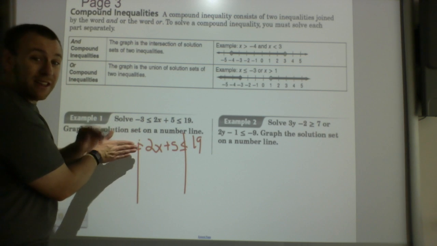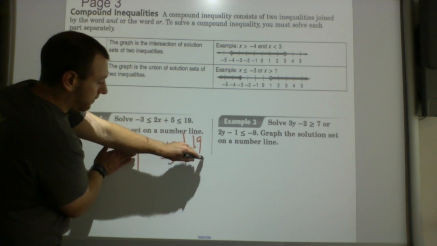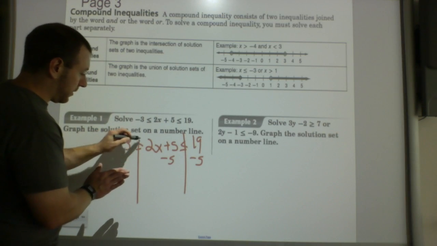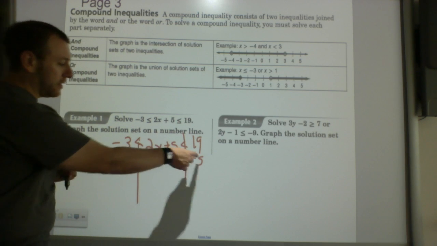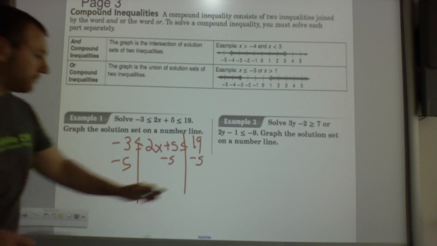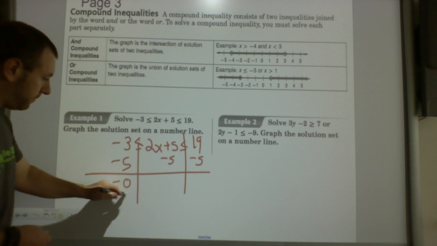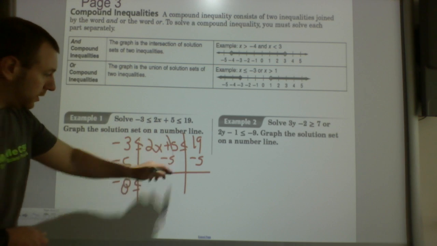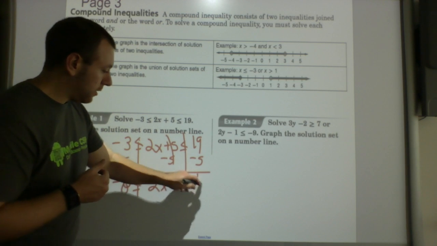Well, the first step I would do would be subtract 5. Well, I'm going to do the same thing, except instead of just doing it on these two sides, now I'm going to do it on every side. Negative 3 minus 5 is negative 8. It's less than or equal to 2x, which is less than or equal to 14.